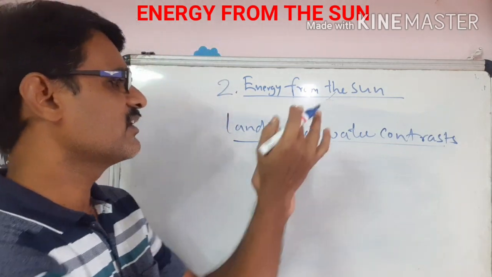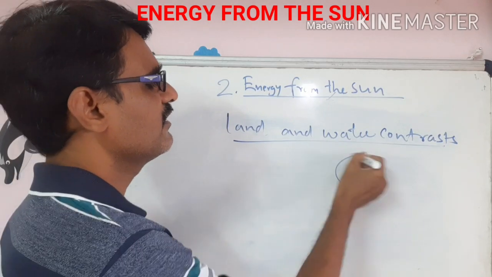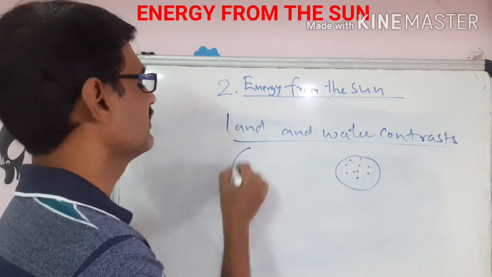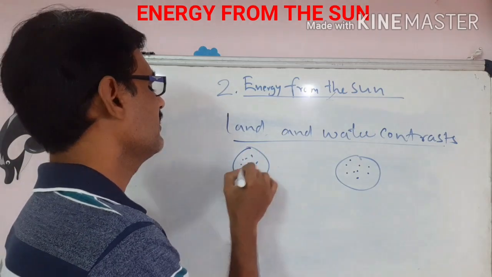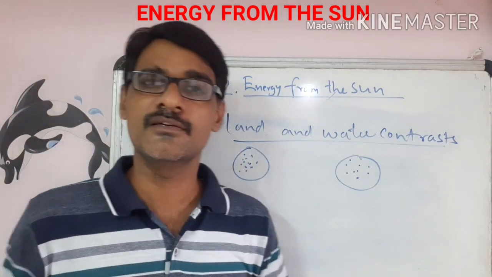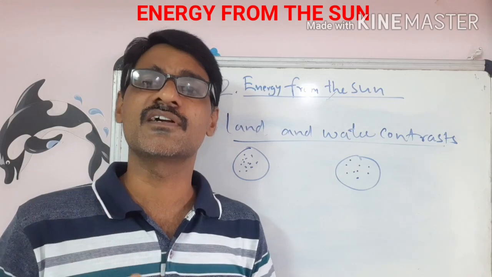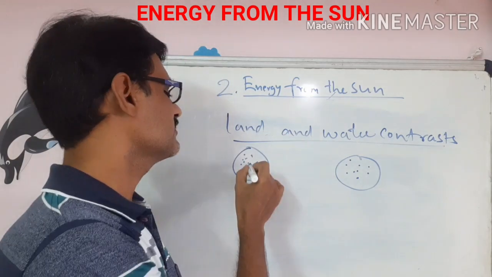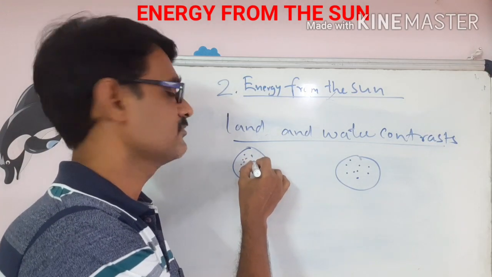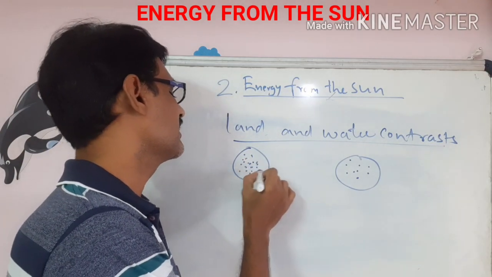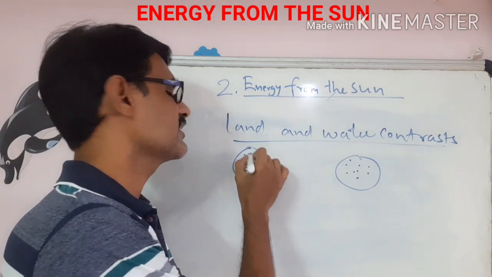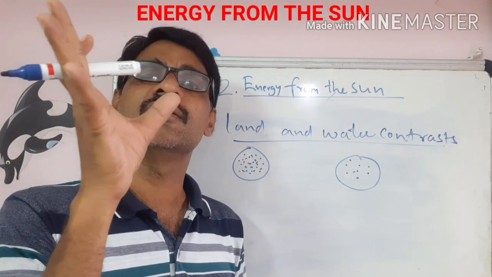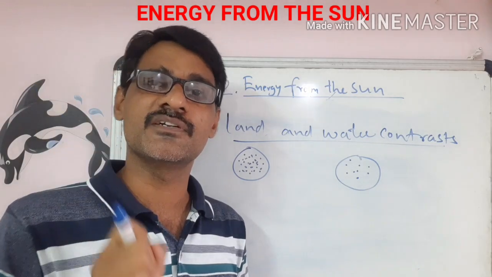The atoms in the water are far from each other, and the atoms in the land are very near to each other. Due to that, the temperature received by the land is spread immediately, within a short period. It receives temperature and releases temperature within a short period.